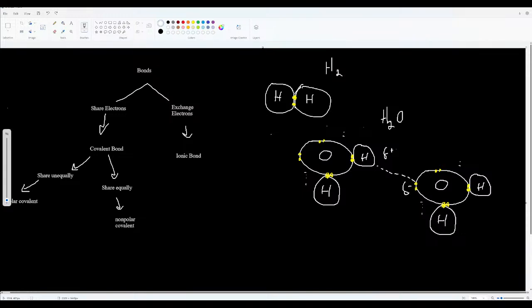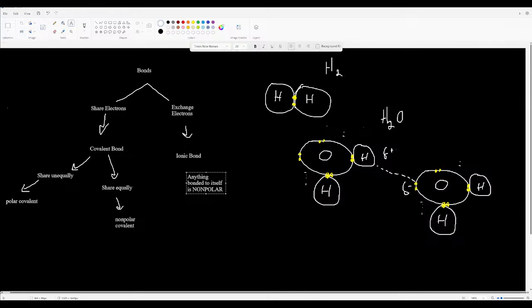So anything bonded to itself is going to be nonpolar. Let's write that down. Anything bonded to itself is nonpolar.